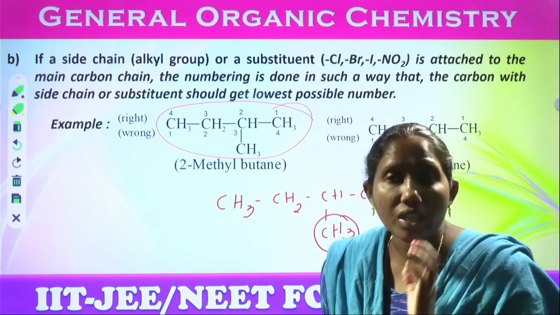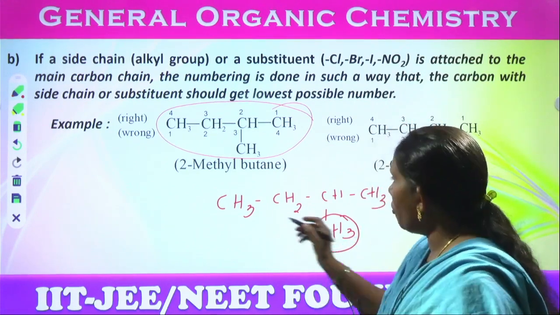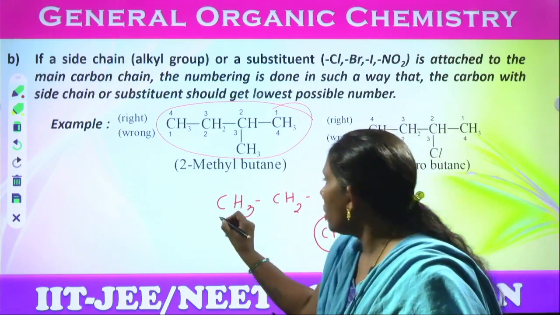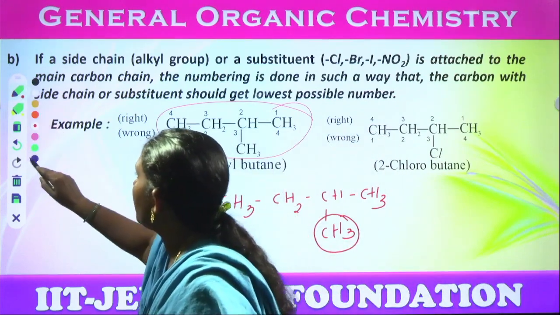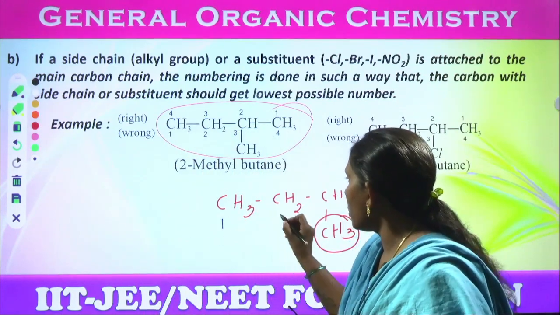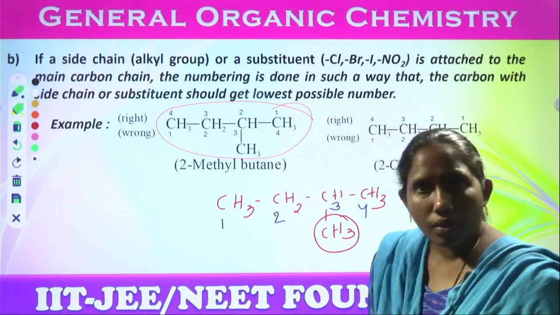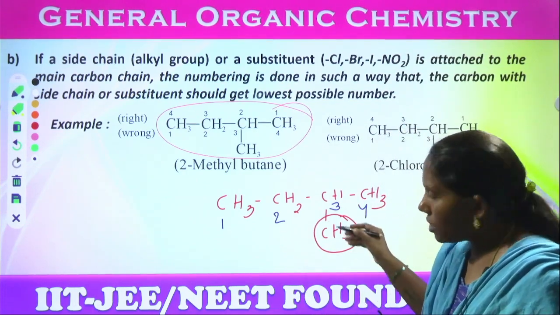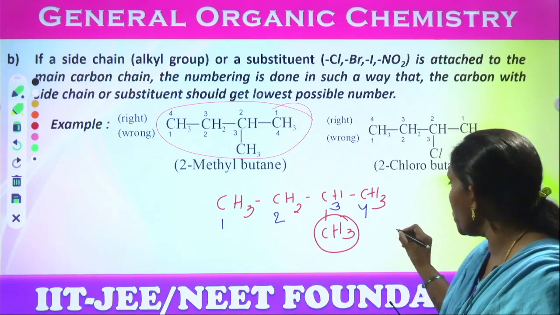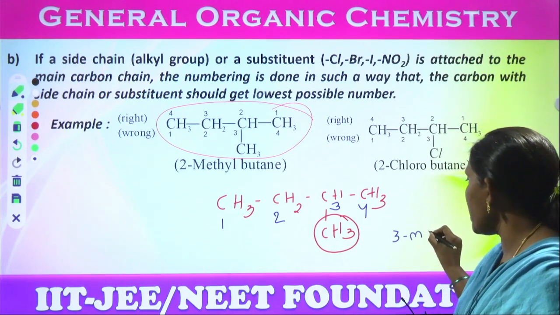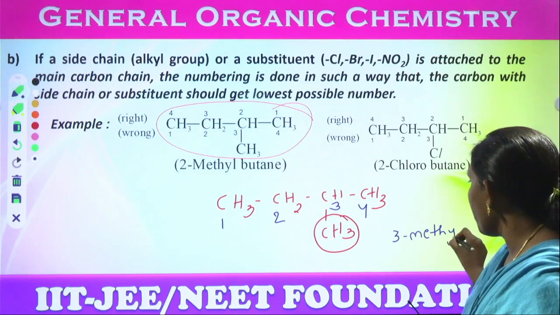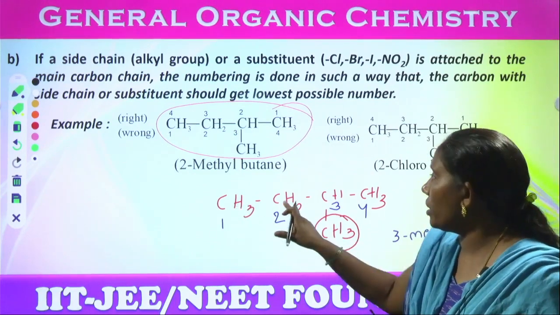If you give the numbering from this side, 1, 2, 3, 4, then this substituent gets the third position, which means we will write it as 3-methyl.